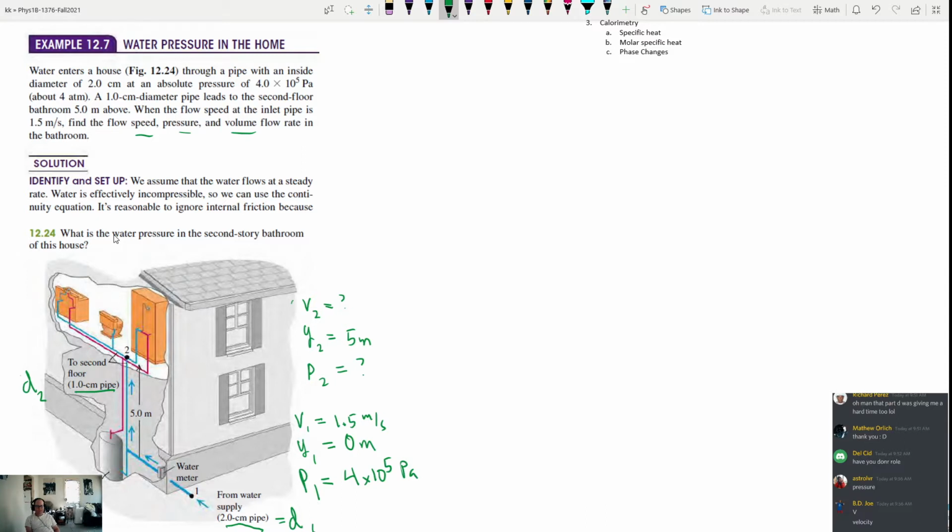Okay, I agree with velocity. Why do you think velocity is better to start with, Joe? We could start with pressure, but we'd actually have to find the velocity to get the pressure. That's mainly the reason. Use the continuity equation? Yeah, let's do it.